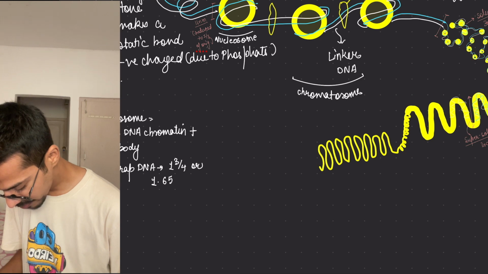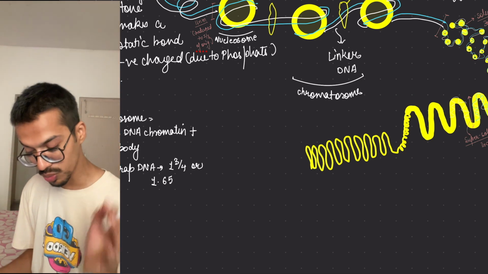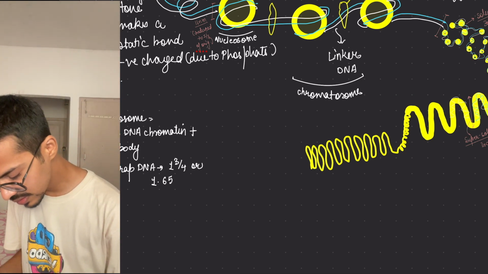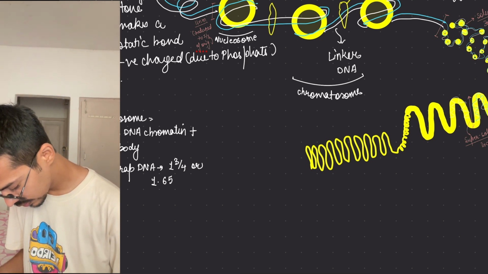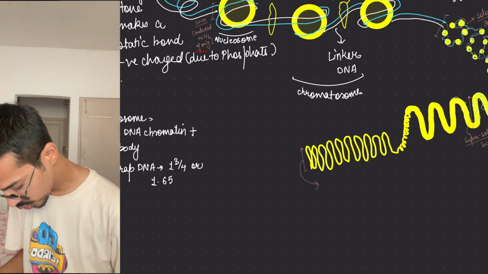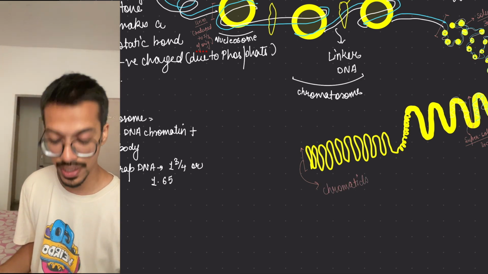This structure which I have made, which is smaller than the ones we made before, is what? This is the chromatid, which is 700 nanometer.